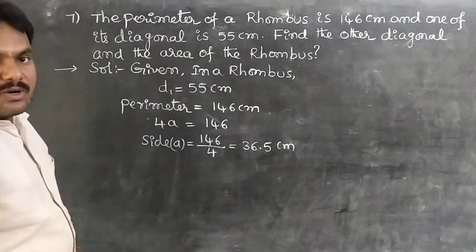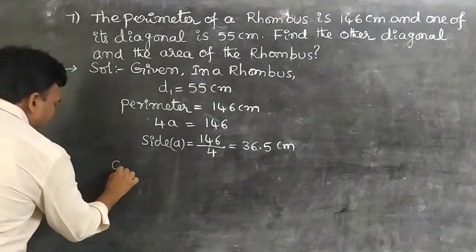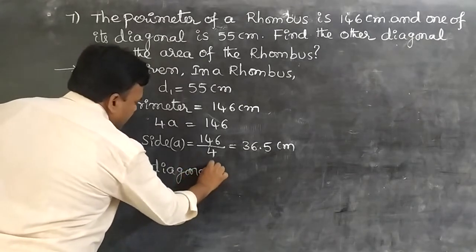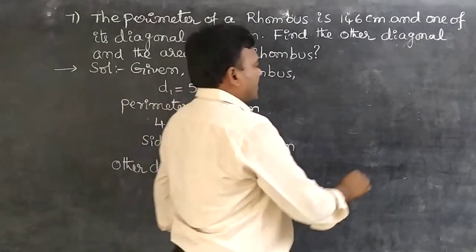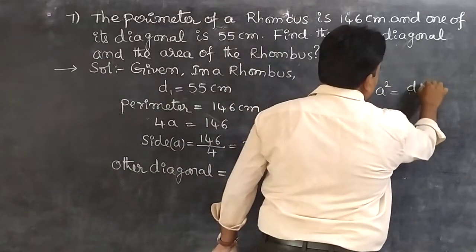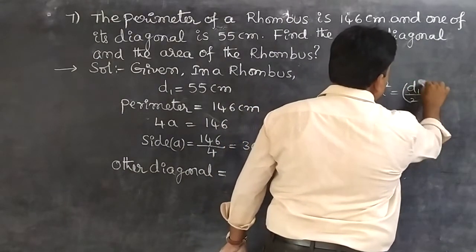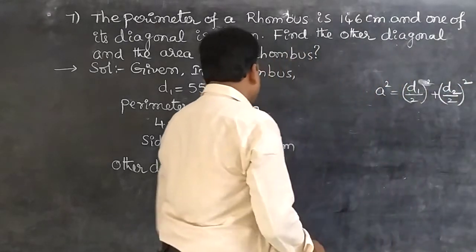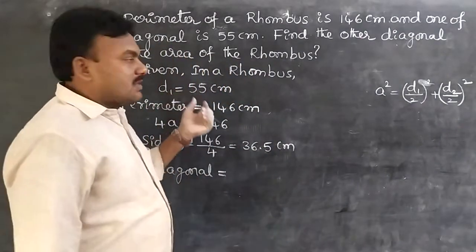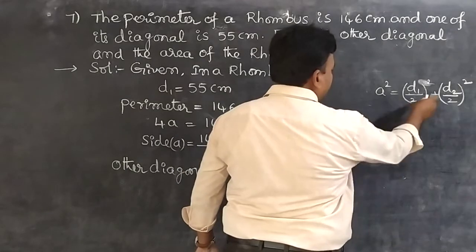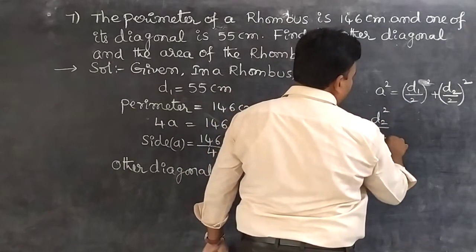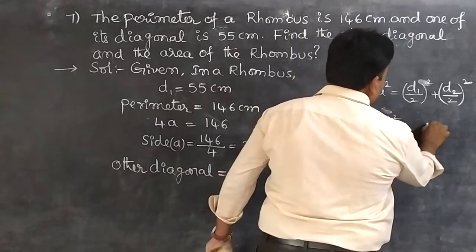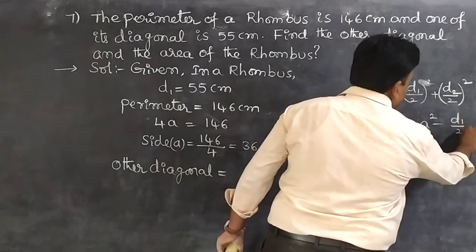Now we find the other diagonal, students. So the other diagonal equals the formula. Already we know that, students: a square equals (d1 by 2) whole square plus (d2 by 2) whole square. Here d1, the first diagonal, is given. This value transfers to the left side, then (d2 by 2) whole square equals a square minus (d1 by 2) whole square.